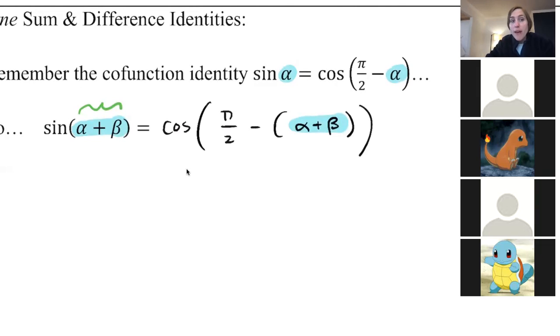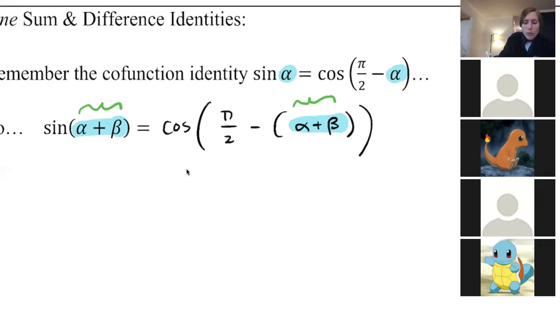But if you're evaluating sine at alpha plus beta, that represents one angle. So the angle that's complementary to the angle alpha plus beta would be pi over 2 minus alpha plus beta. Did that help? Sorta, yeah. Okay.